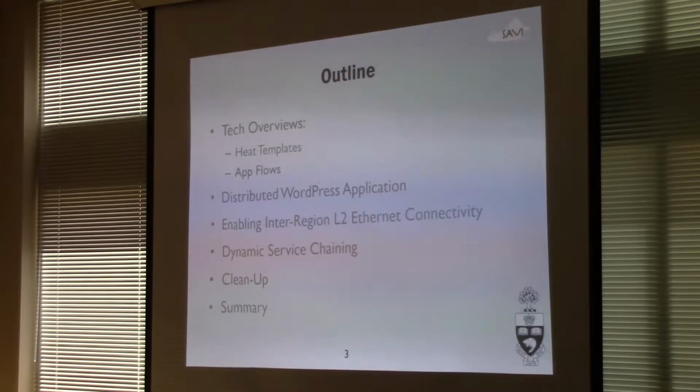It's the same concept: you have a template file, and using it you can describe what your application is. For example, I want my application to be composed of two virtual machines, with one configured one way and the other configured another way.